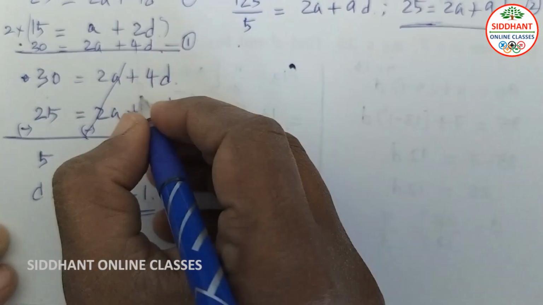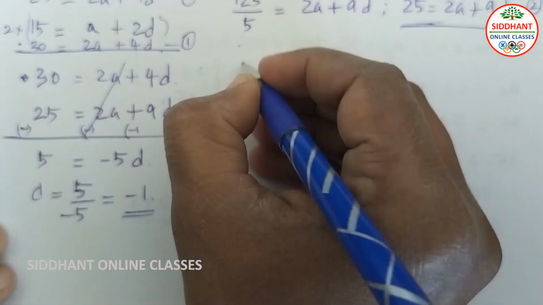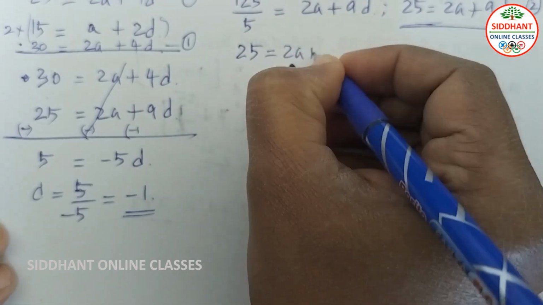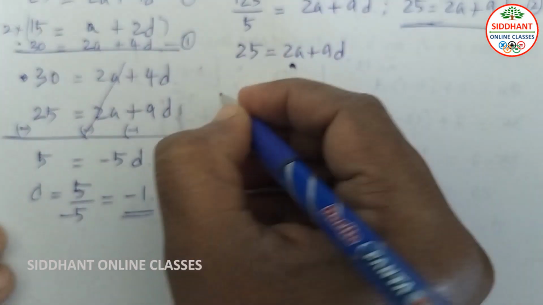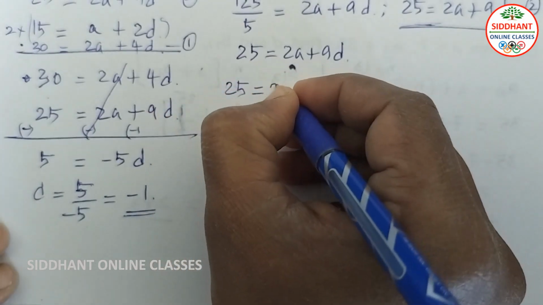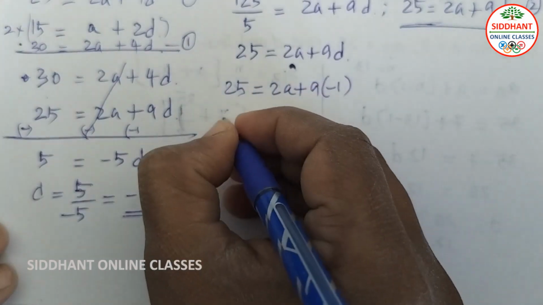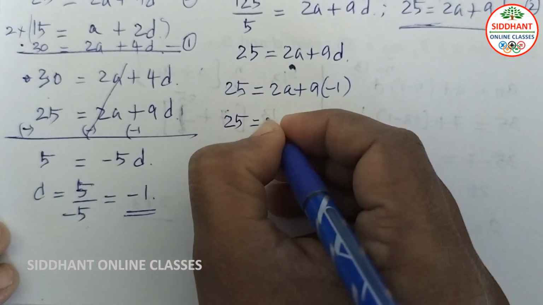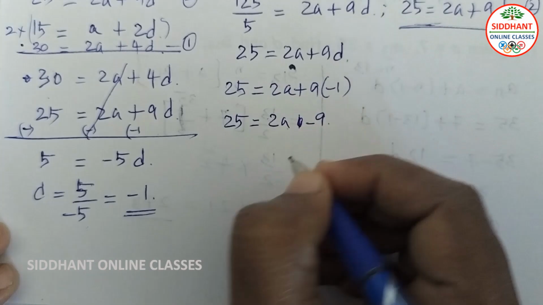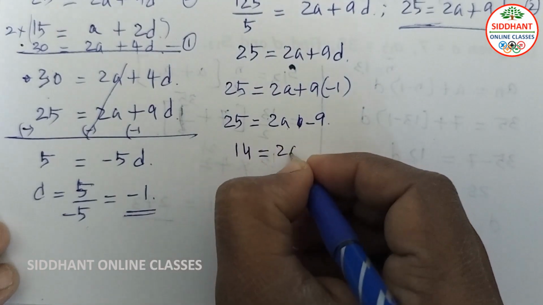So for the A value, we substitute in the equation: 25 equal to 2A plus 9D. 25 equal to 2A plus 9 into minus 1. 25 equal to 2A minus 9 here. 25 plus 9, that is 34, equal to 2A.